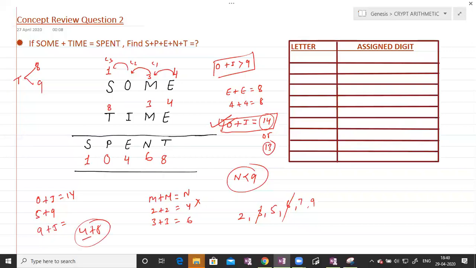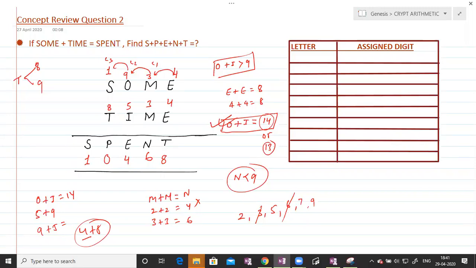No, 4 is already given. 4 has been assumed. Yes, 5 plus 9. So I can say 9 here, 5 here, or 5 here, 9 here, no problem. Of course, the answer will be 14 only, right? I hope I've not repeated anywhere.